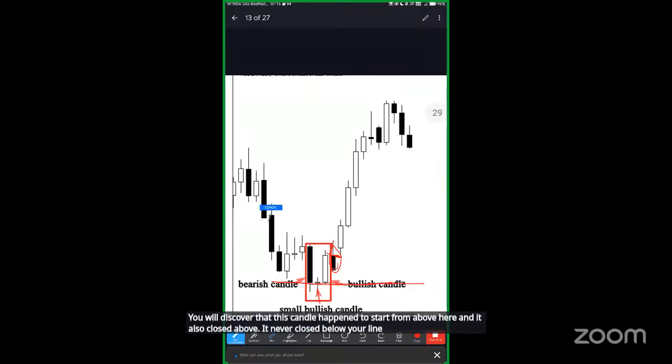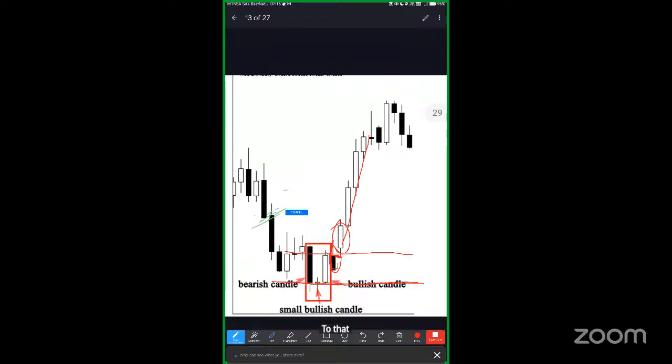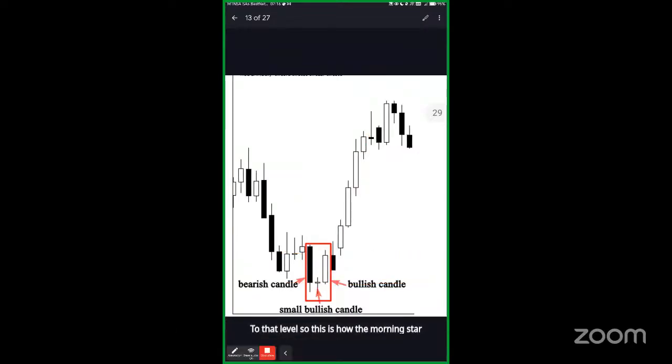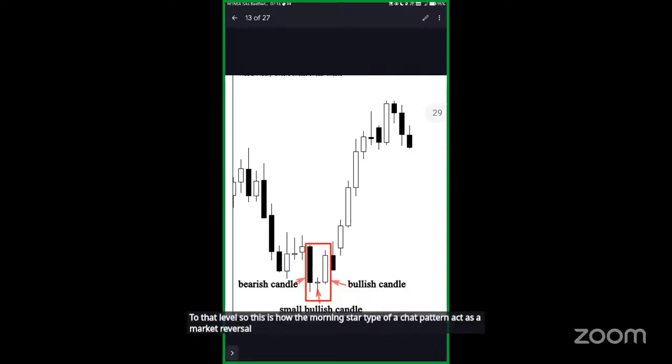So this confirms that indeed the market is rising. So you can prepare to enter somewhere here, then you ride with the price up to that level. So this is how the Morningstar type of chart pattern acts as a market reversal signal to the upper side.